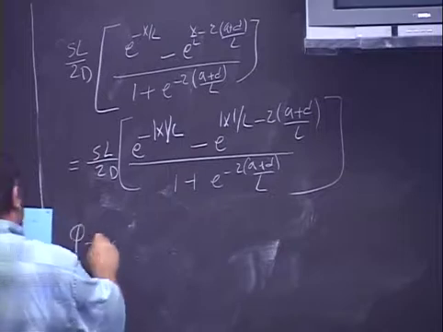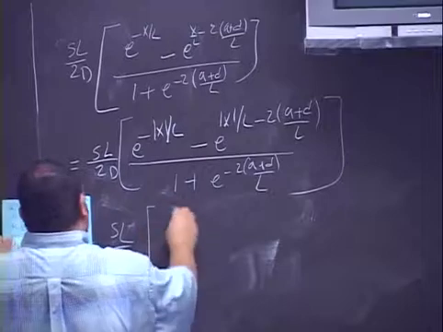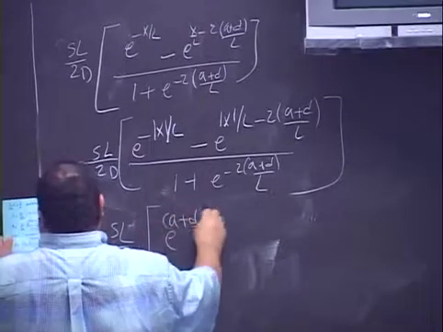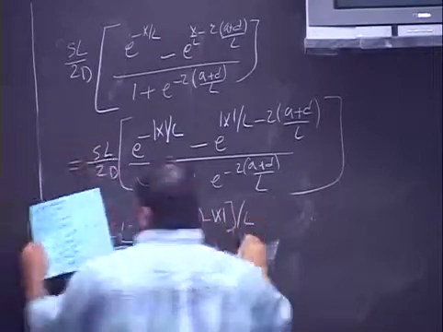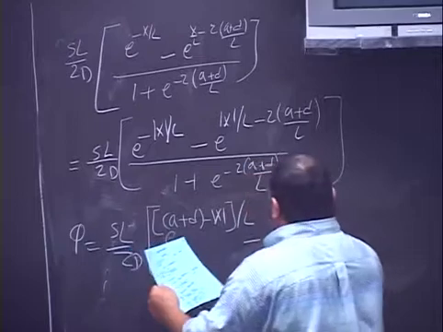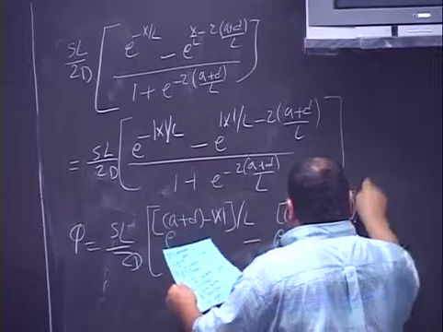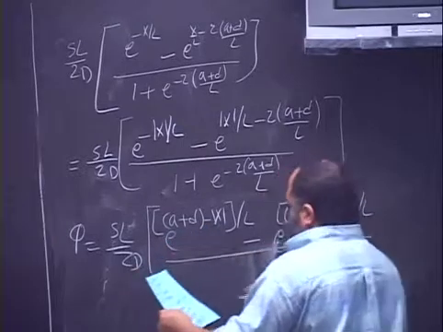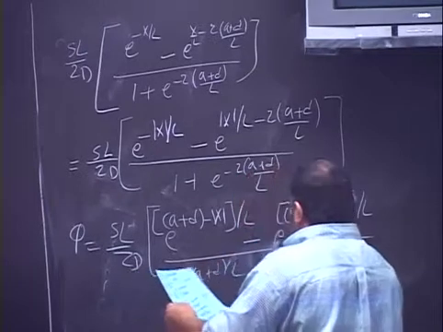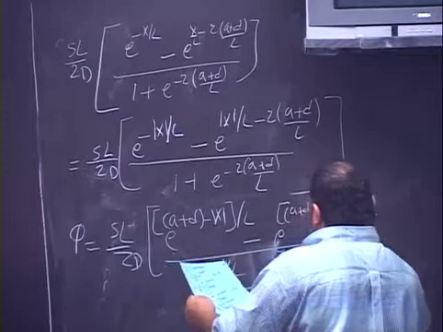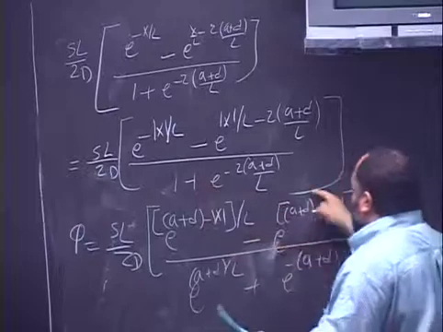To simplify it, this will be S over L 2D, and then you will multiply by e to the power of A plus D minus absolute value of x over L minus e to the power of A plus D minus the absolute value of x over L, divided by e to the power of A plus D over L plus e to the power of minus A plus D over L. This is e to the power of something minus e to the power of something over 2.